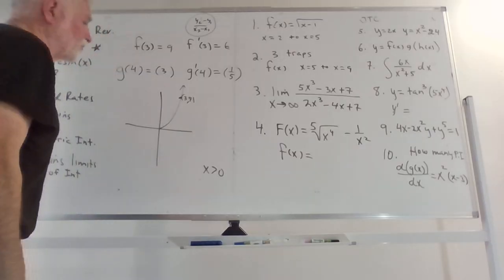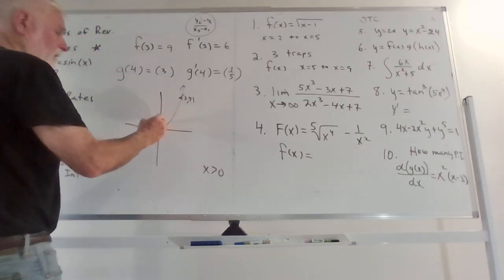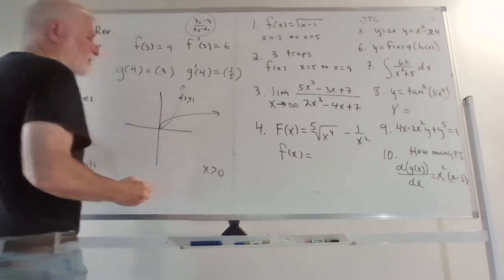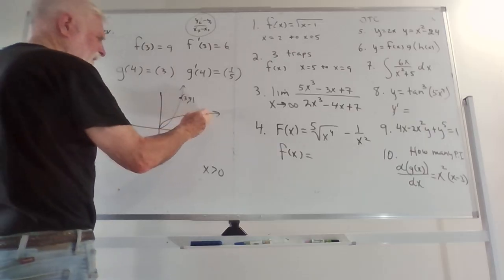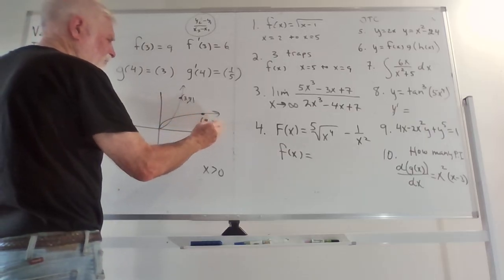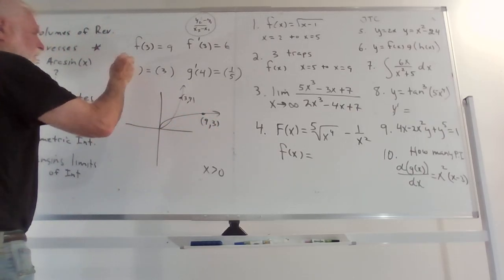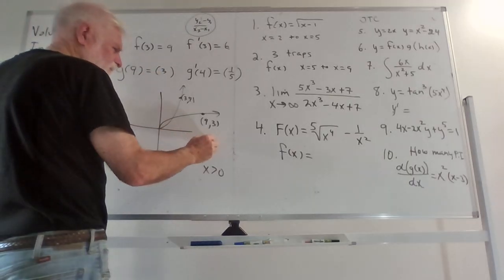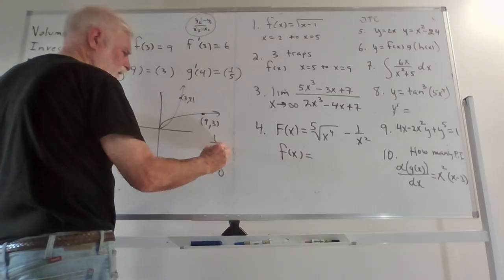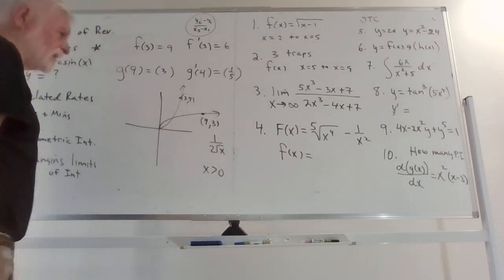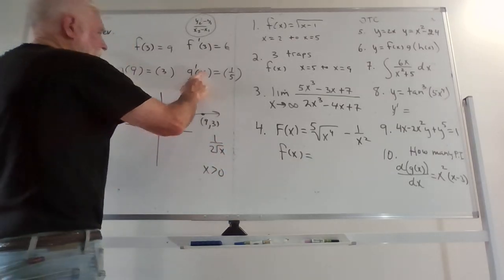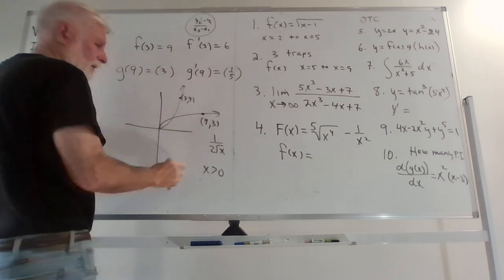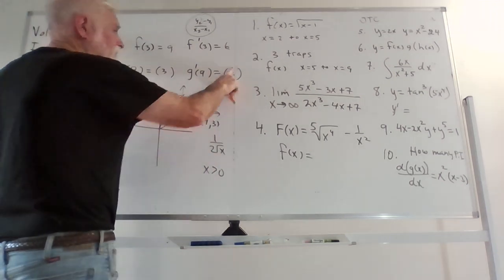And the inverse of x squared is the square root of x. And the square root of 9 gets me 3. And I think the derivative of the square root of x is 1 over 2 root x. And I think g prime of 9 gets me 1 over 6.